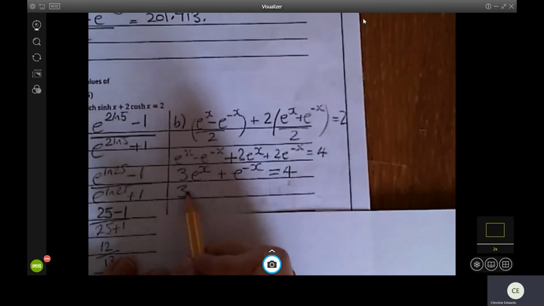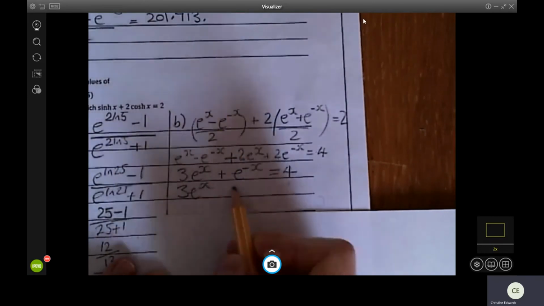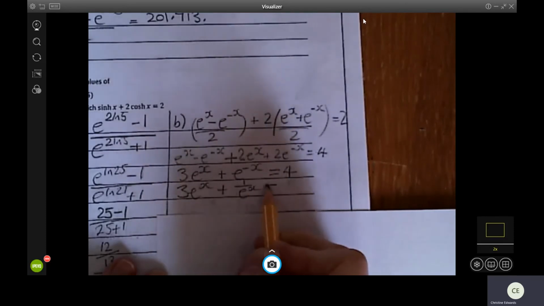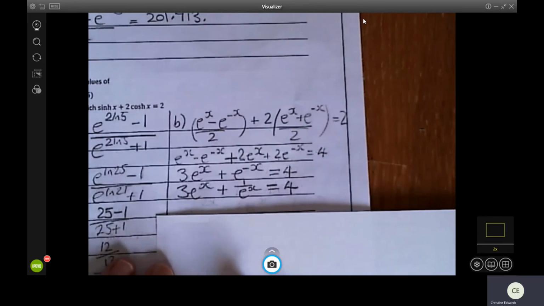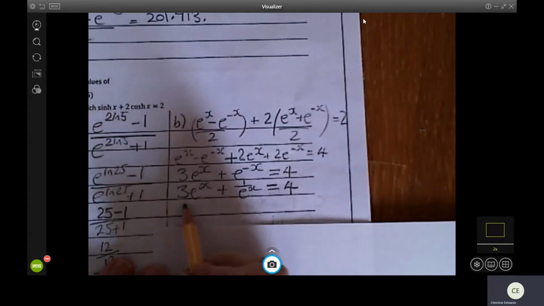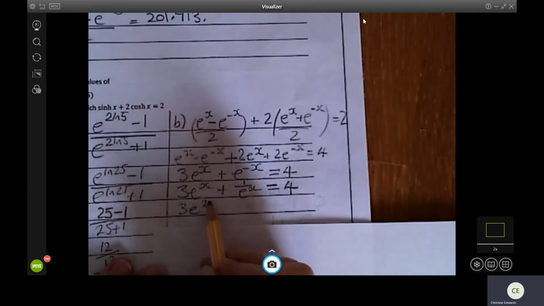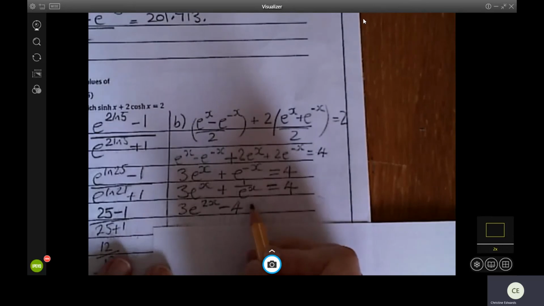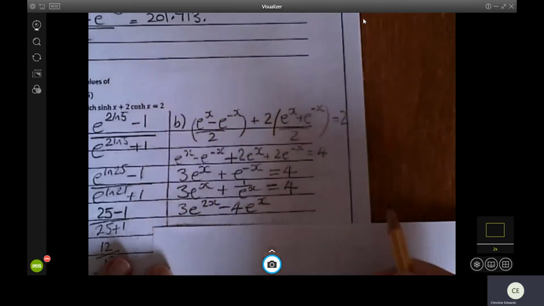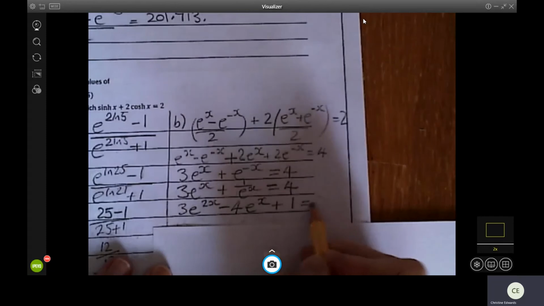We've got 3e to the x plus 1 over e to the x equals 4. I'm going to multiply the equation through by e to the x, so that will give me 3e to the 2x minus 4e to the x plus 1 equals 0.